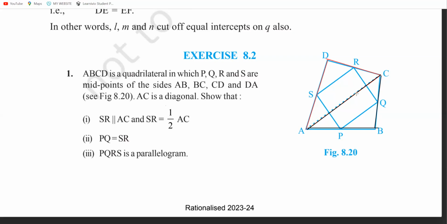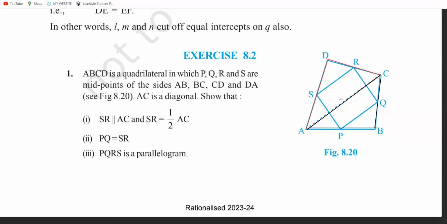Now, since S and N are the midpoints of these sides, by the midpoint theorem this side will be parallel to this side and equal to half of this side.